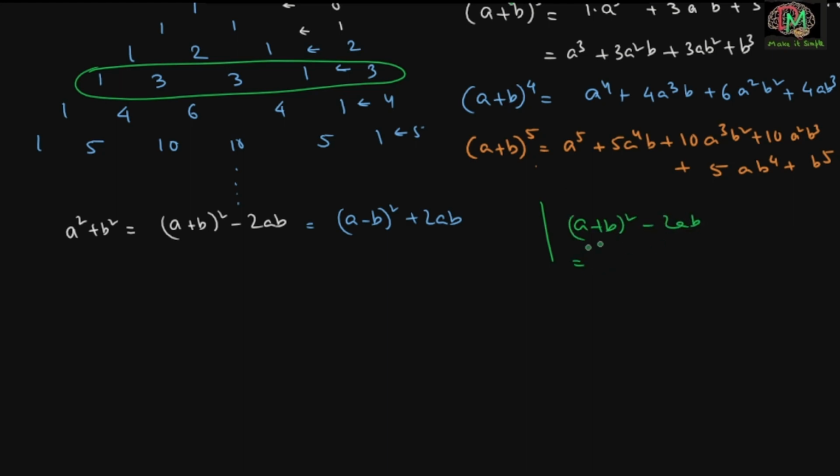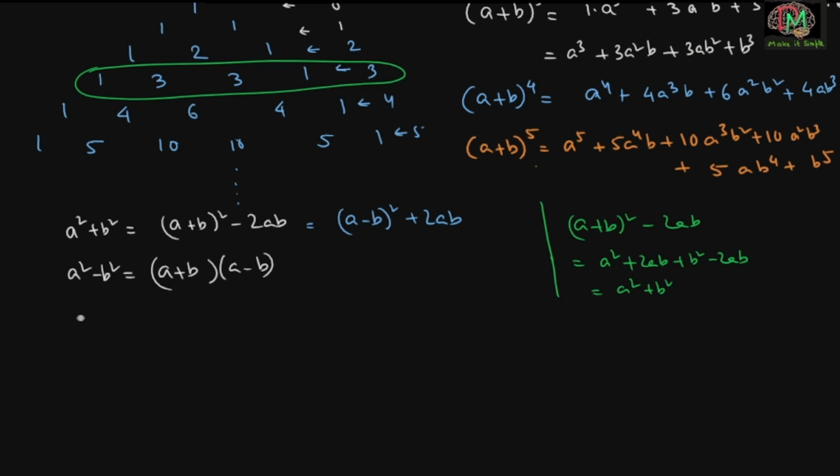We expand this first algebraic identity, that is (a plus b) whole square, we can write as a square plus 2ab plus b square minus 2ab. So we get a square plus b square. Next is a square minus b square, you can write as (a plus b) into (a minus b).